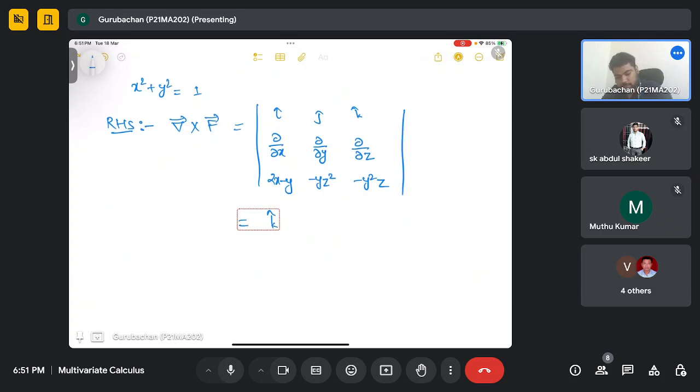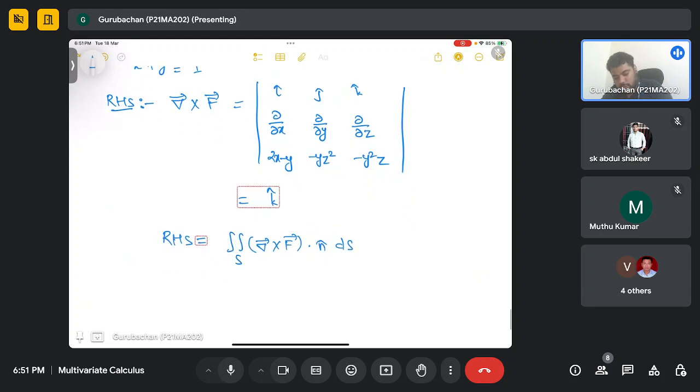Now what will be n cap? So for that, let us first write the expression. This RHS is the surface integral over this del cross F dot n cap dS. Now let us do some smart work here.